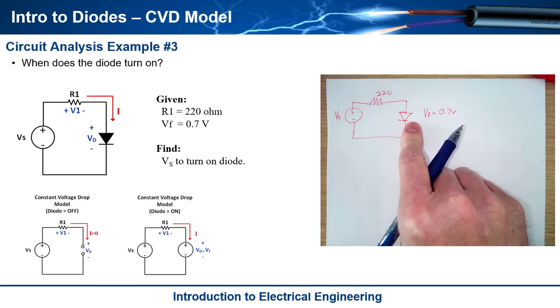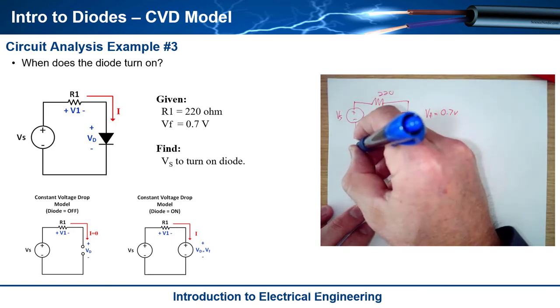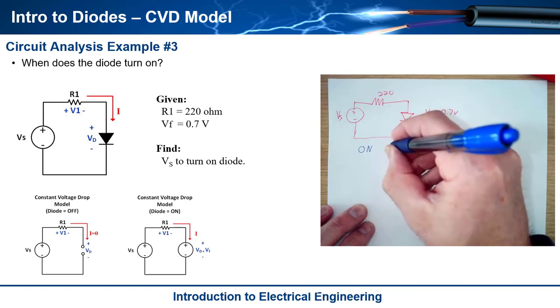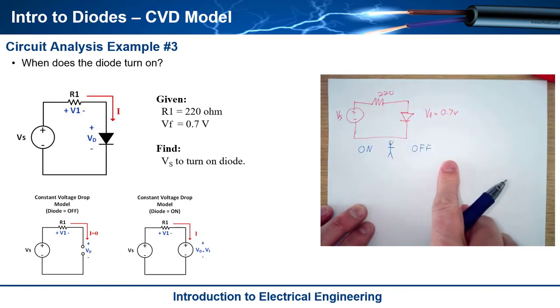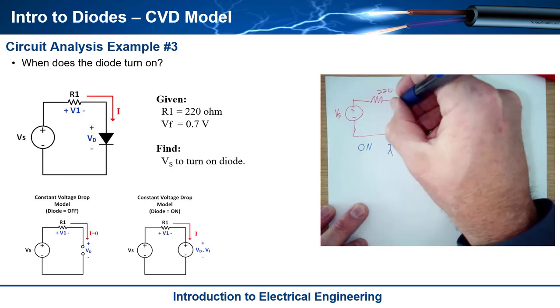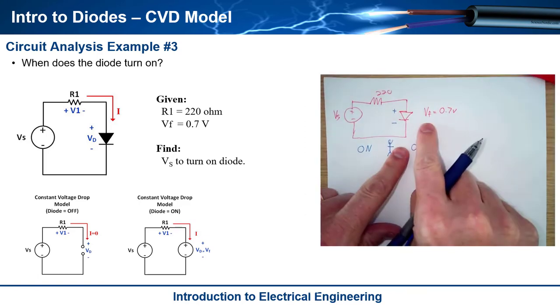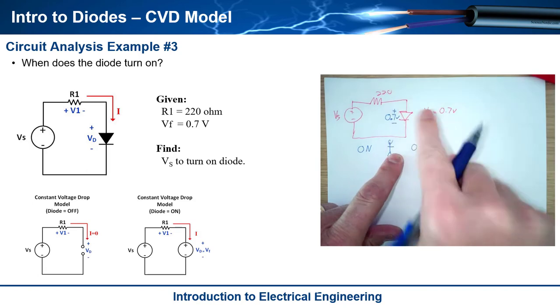Okay, now this is an interesting one because it's the transition between being off and being on. So when you think about this, here's what it means to be right in between on and off. As I transition, the voltage across the diode is equal to the forward voltage.